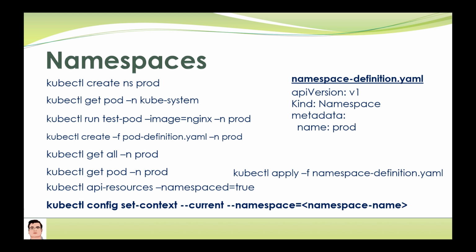So they can use this command to switch from the default to the prod namespace. Then when they write kubectl get pod, it will fetch all the pods from the prod namespace, because they set the context from default to prod. After running this command, the context is set for the namespace, so when they write the simple command, it will fetch all the objects from production. They do not need to mention the namespace all the time, but for the default namespace they have to put the namespace term again, because now the context is set to the prod namespace.